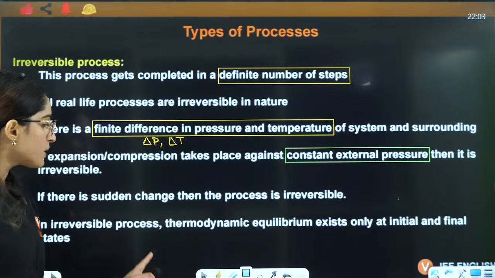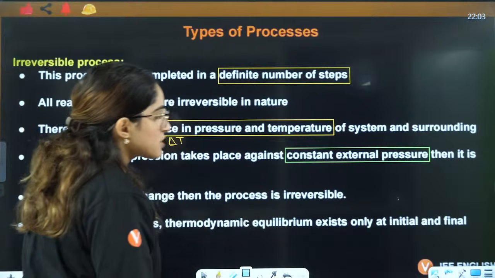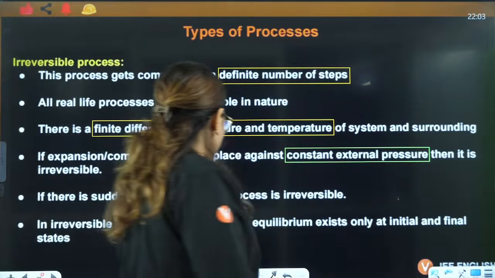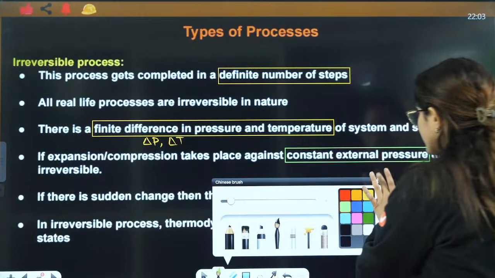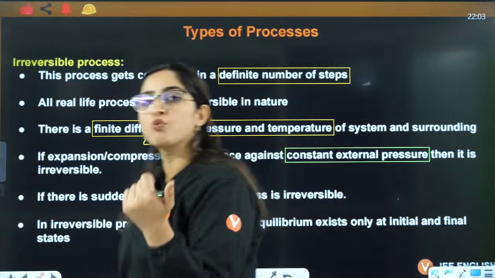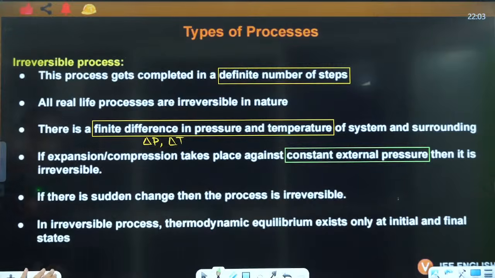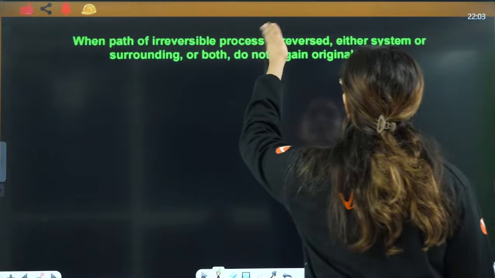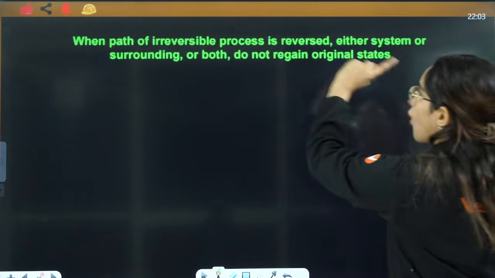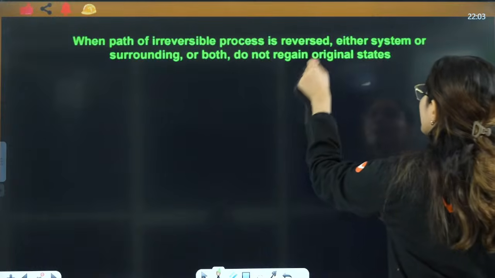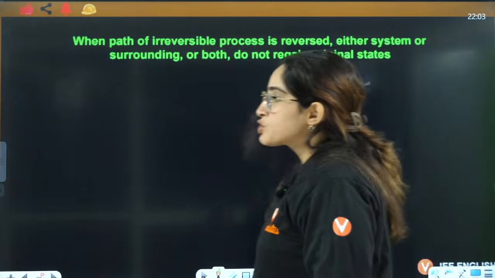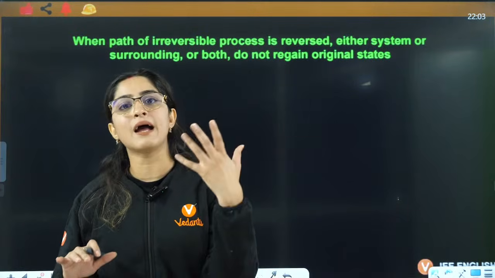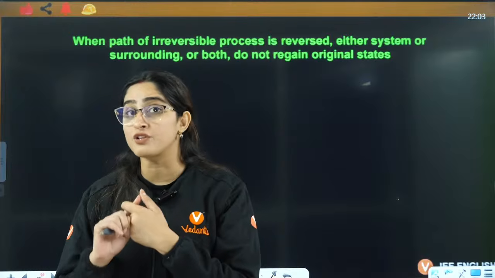In irreversible processes, thermodynamic equilibrium exists only at the initial and final states. So it's not like equilibrium will be there throughout this process. It is only in the initial and the final states, right? When the path of an irreversible process is reversed, either the system or surrounding or both do not regain original states. In a reversible process, when it is reversed, system and surroundings regain their original states.